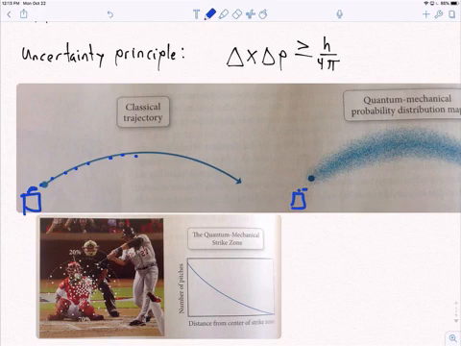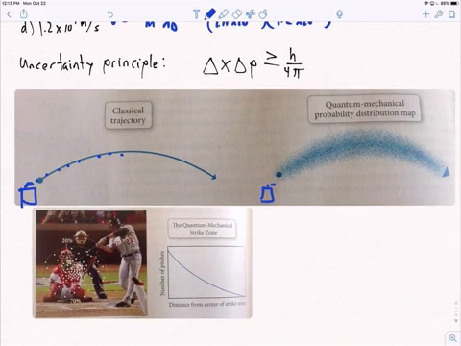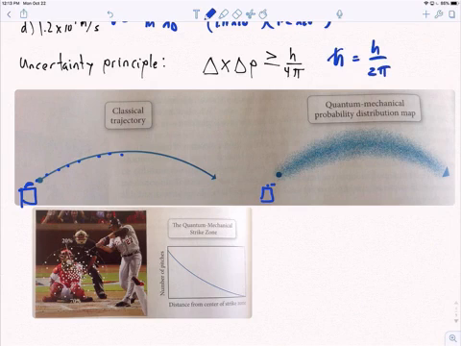If you ever see h bar, that's h over 2 pi, so you might see the uncertainty principle as h bar over 2.